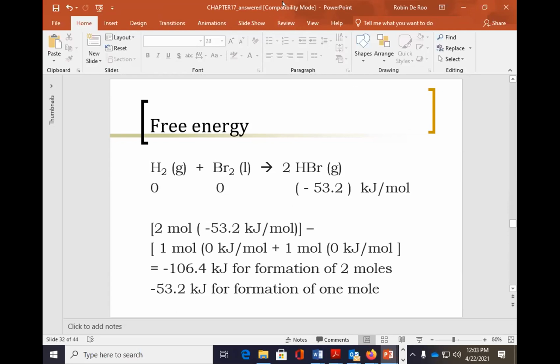You want to be careful when you're doing these questions, because if we go back to the question, your answer was for 2 moles, but the question asked for 1 mole.